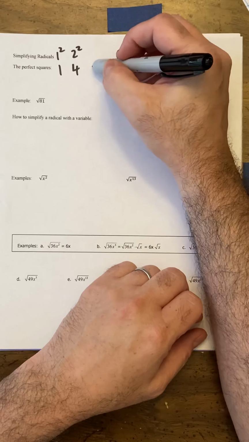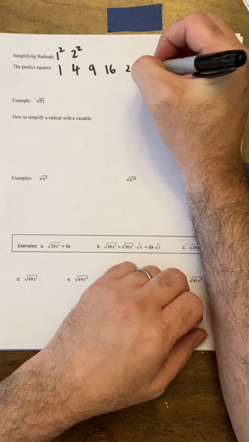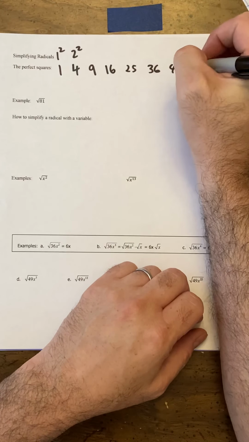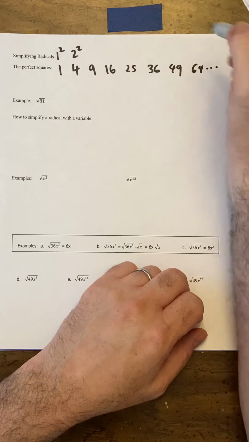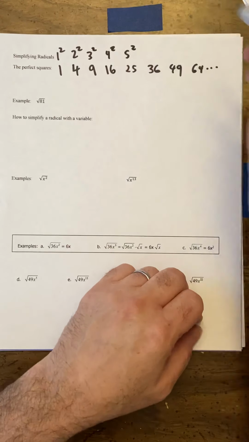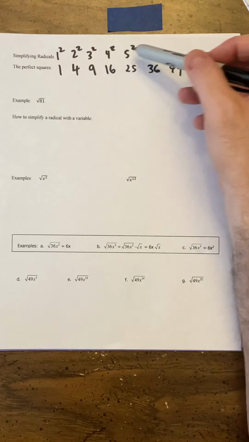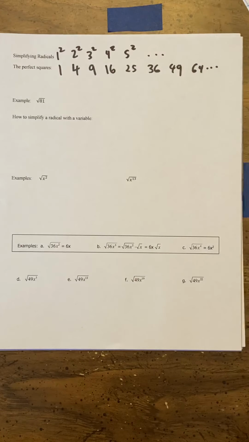And then you get 9 and 16, 25, 36, 49, 64, etc. And that's 3 squared, 4 squared, 5 squared. And keep in mind that in order to generate this list of perfect squares, you just take the numbers in order, 1 through whatever, and square them, and you'll get your perfect squares.